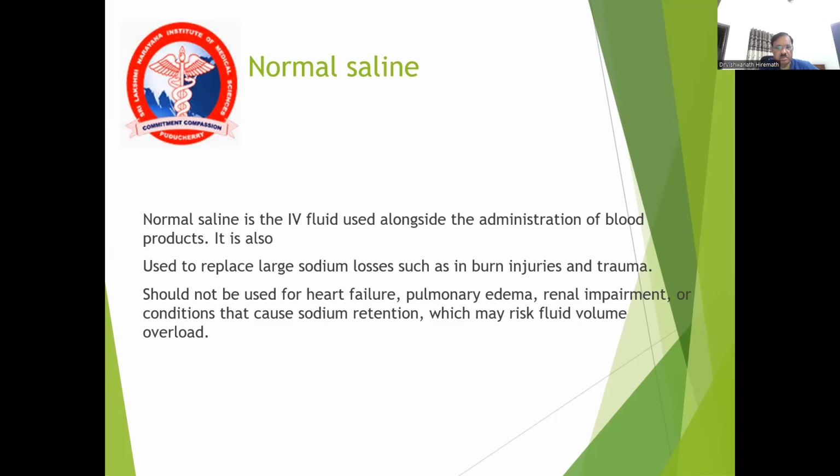However, it is not the fluid of choice for heart failure, pulmonary edema, or renal impairment. So also the conditions associated with sodium retention, which may risk fluid volume overload.